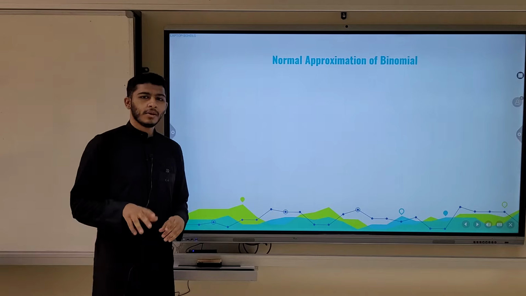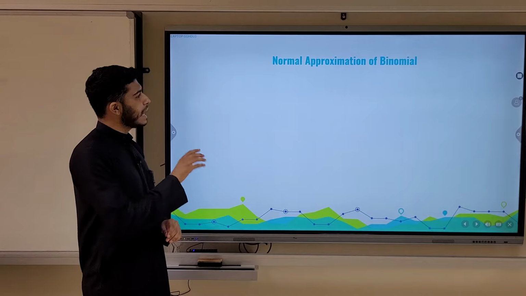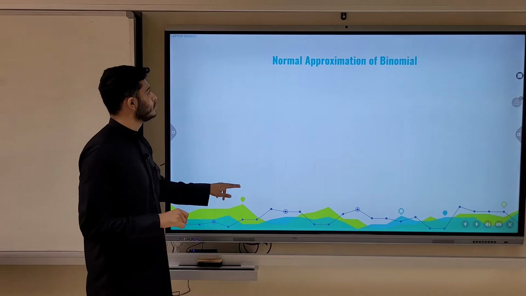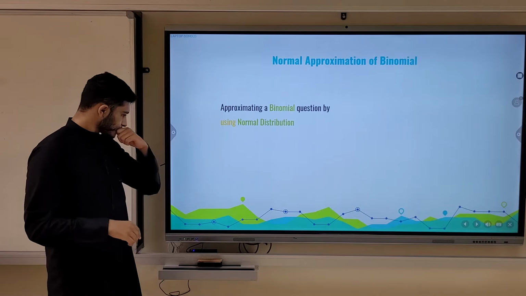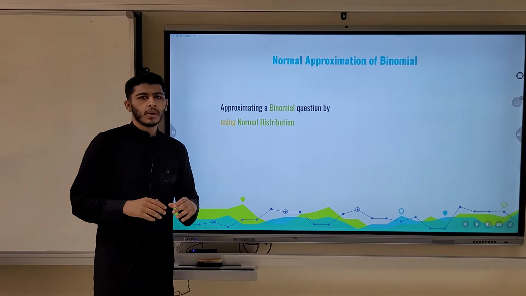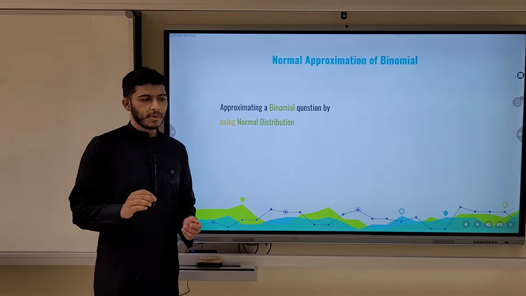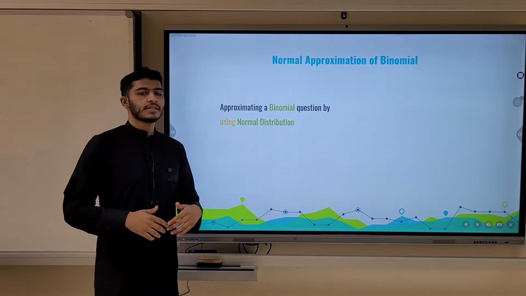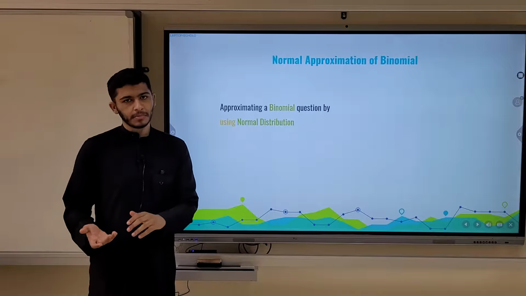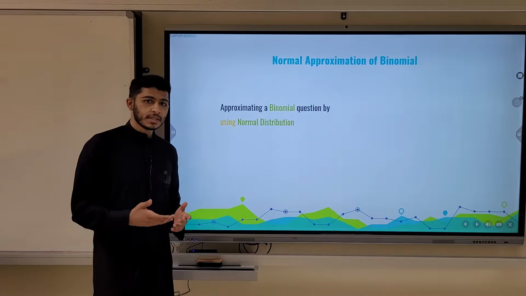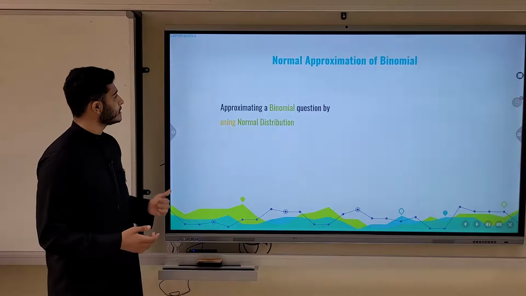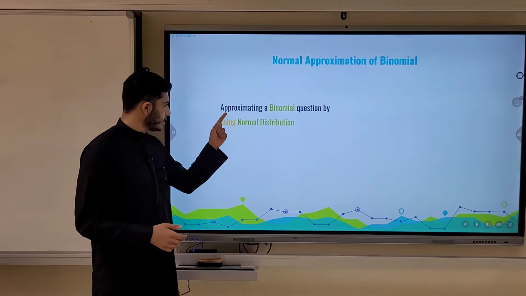Now we're going to learn how to approximate the binomial using the normal distribution. Maybe the problem in binomial will become too difficult or too long to solve by hand. Maybe you have 1,000 things that you need to add, and even using the complement method is not going to help you. So in this case, you may want to approximate the binomial using the normal distribution.